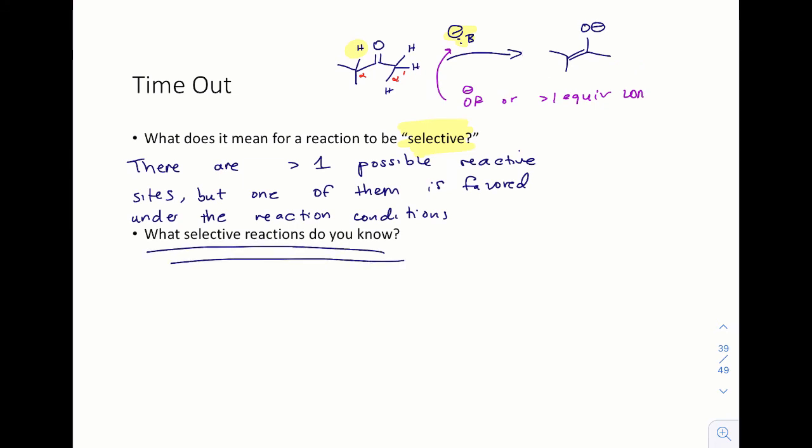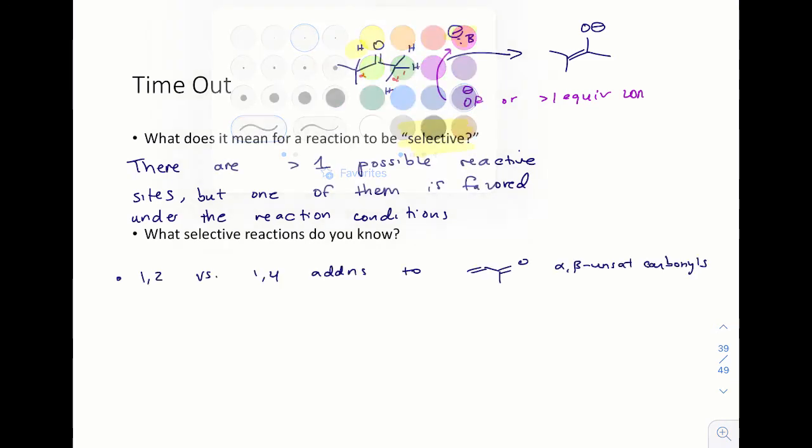Let's list the selective reactions that you know, the reactions where more than one possible reactive site is present, but one of the reactive sites is favored. You know some selective reactions of alpha-beta unsaturated carbonyl compounds. Some reagents favor addition to the beta carbon, whereas other reagents favor addition to the carbonyl carbon.